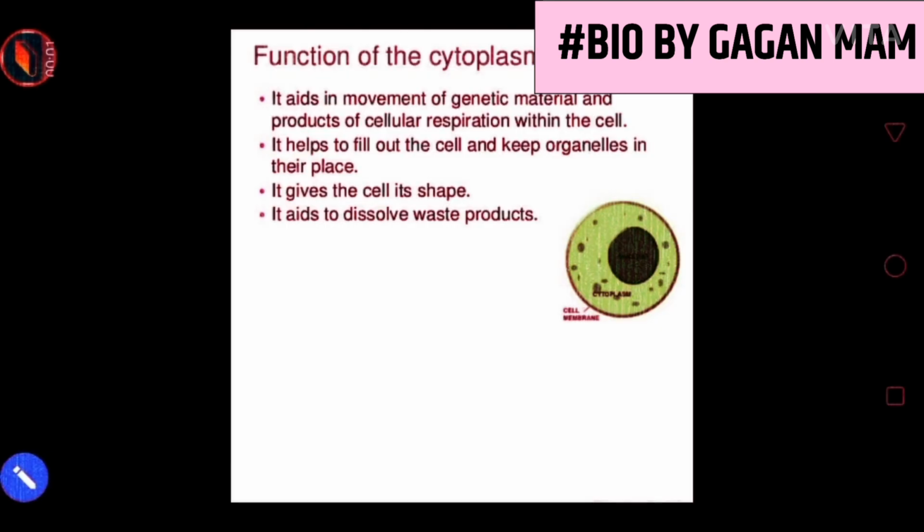Now we are going to discuss the functions or characteristics of cytoplasm. It aids in the movement of genetic material and products of cellular respiration within the cell. It helps in cellular respiration with the help of cytoplasmic inclusions. It helps to fill out the cell and keep organelles in their place.